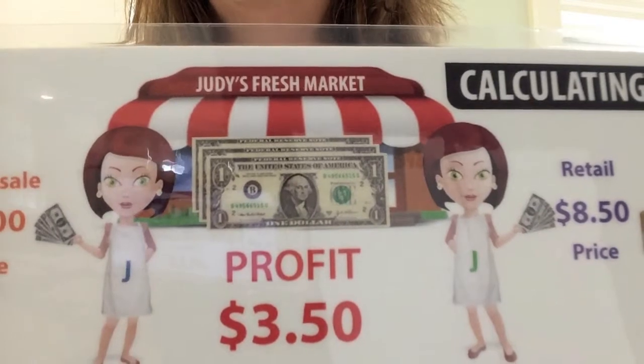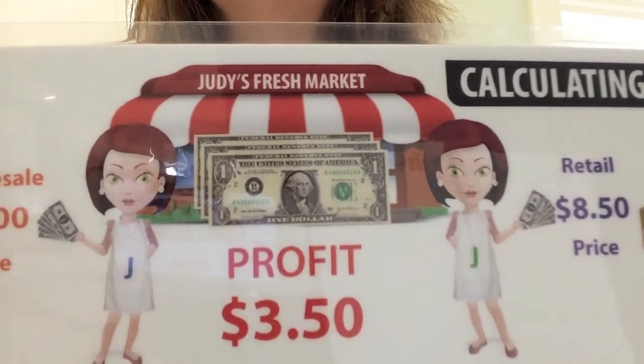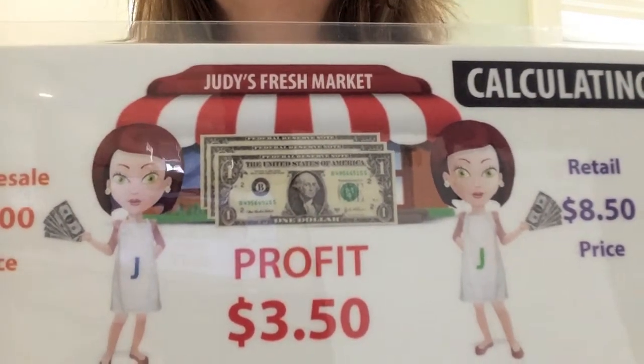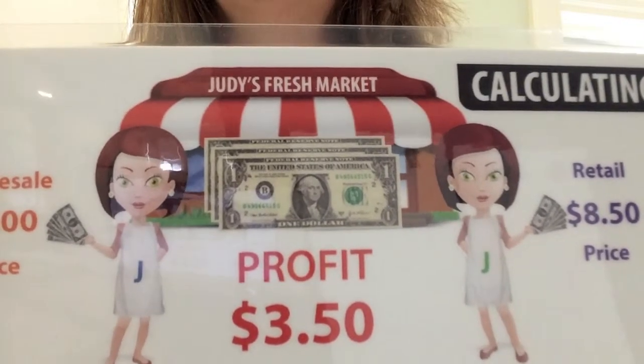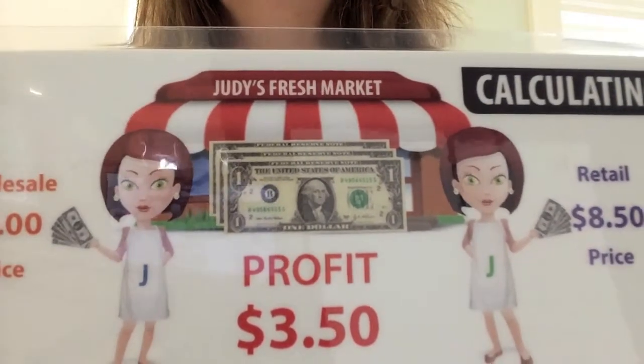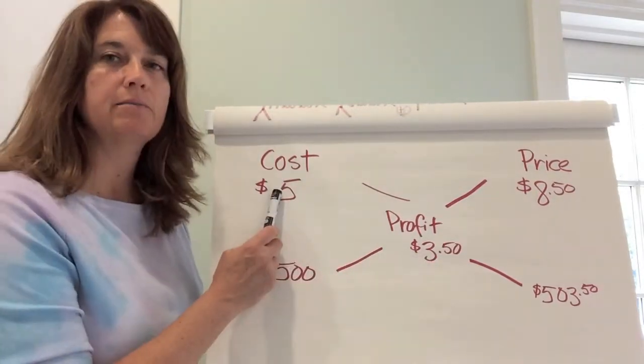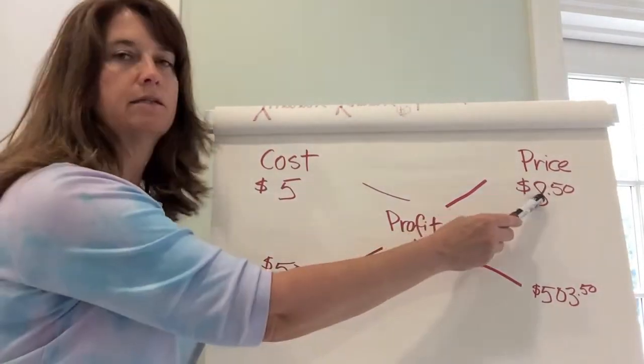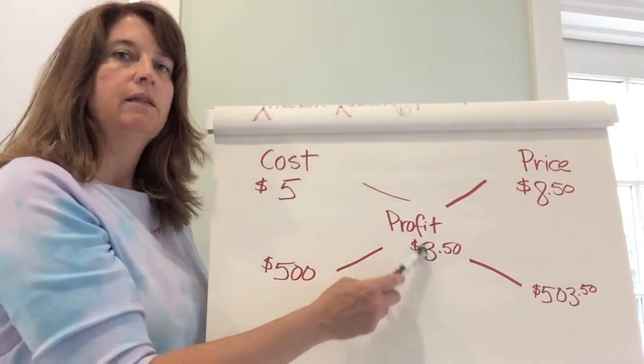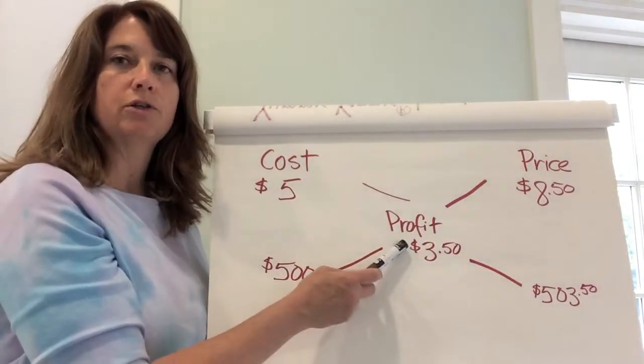She buys them for $5, she sells them for $8.50. That means that her profit dollars on this transaction are $3.50 per box. Judy is earning $3.50 when she buys the muffins for $5 and sells them for $8.50. This is a number expressed in dollars and cents.